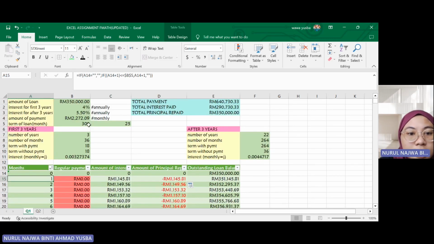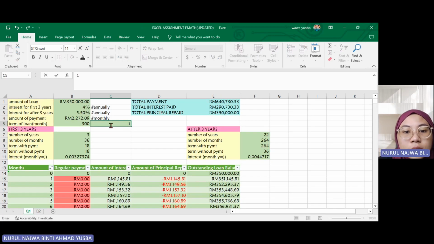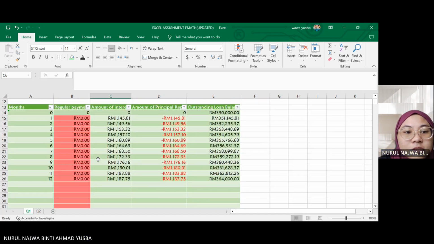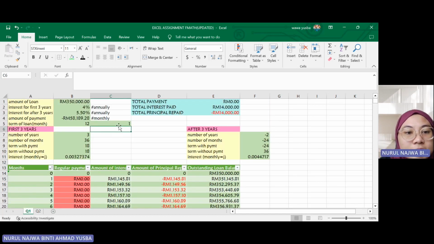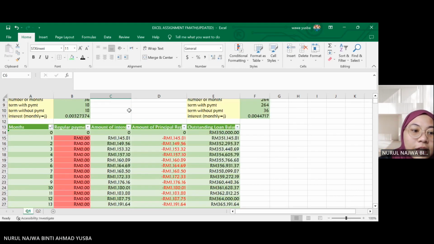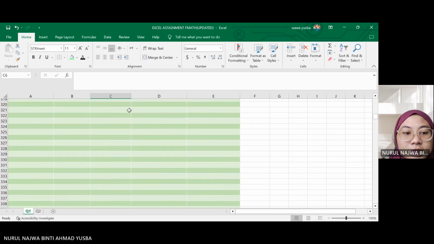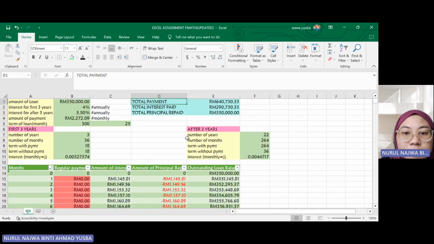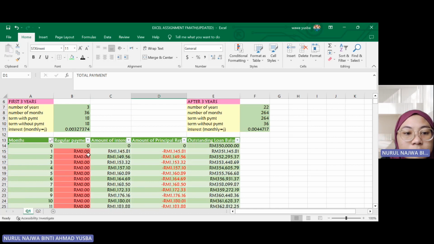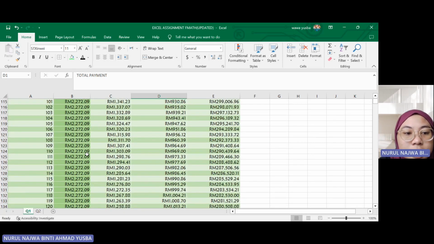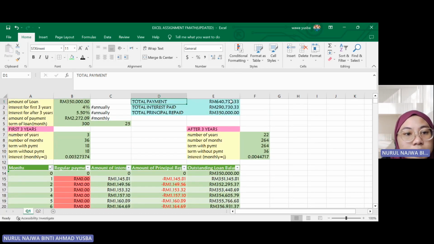If I change the period to the new one, I got 12 months. If I change it to the original 25, I got 300 payments here. Ta-da. So I calculate the total payment, which is the sum from here until the 300th payment.